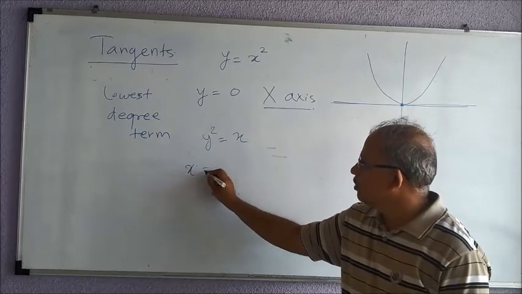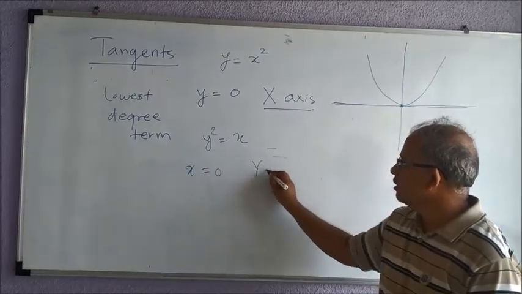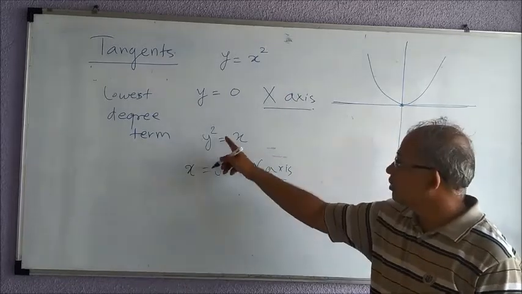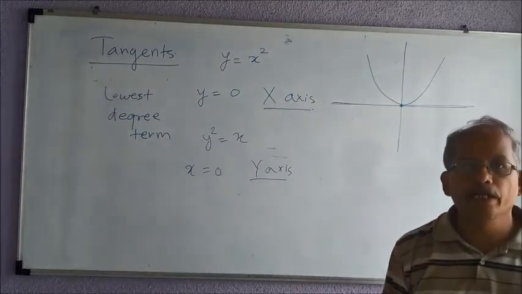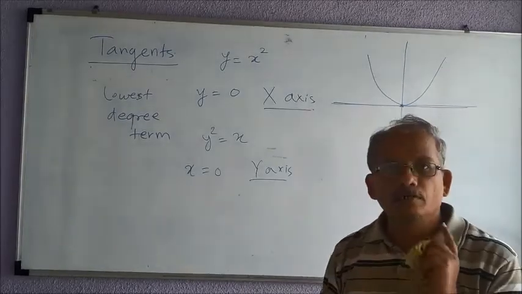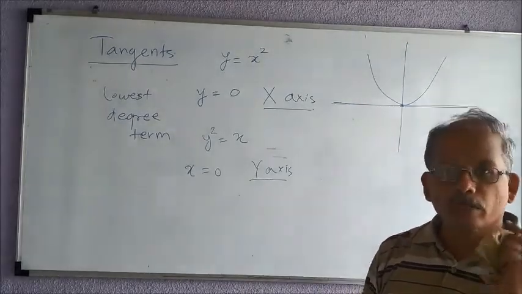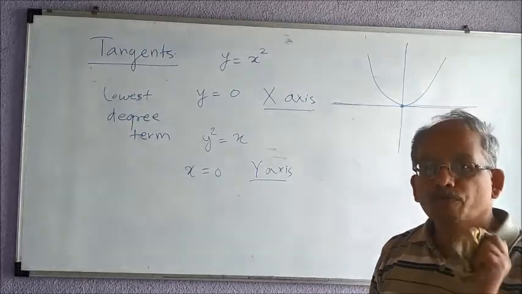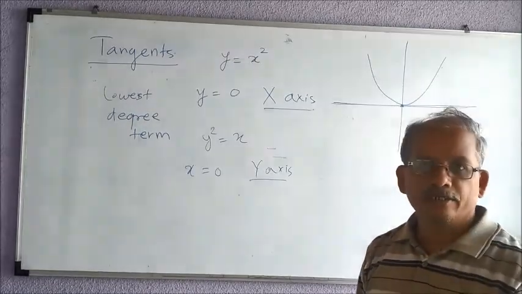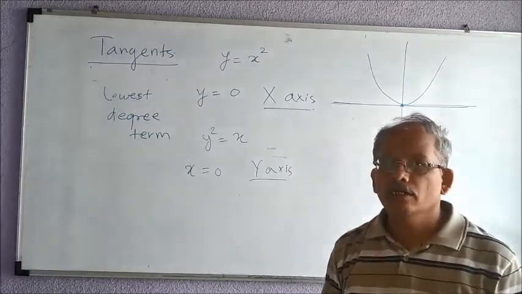So if you take x equal to 0, this is the y-axis, and this becomes the tangent at origin to this curve. Remember, this Newton method that we are working with just now is applicable to find the tangents to the curve at origin only, not at any other arbitrary point.